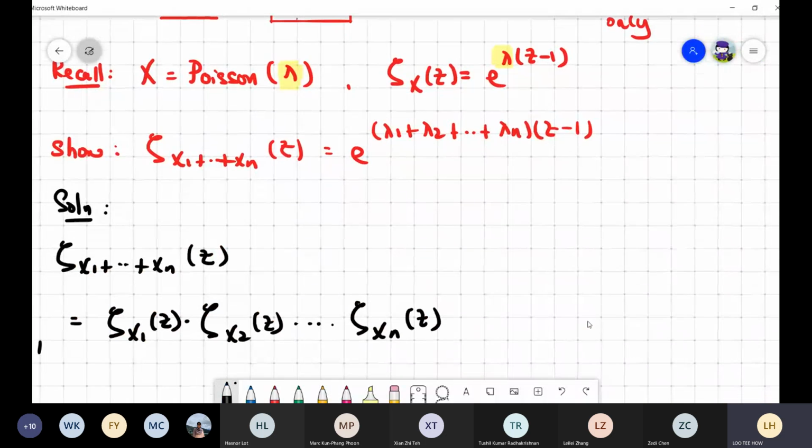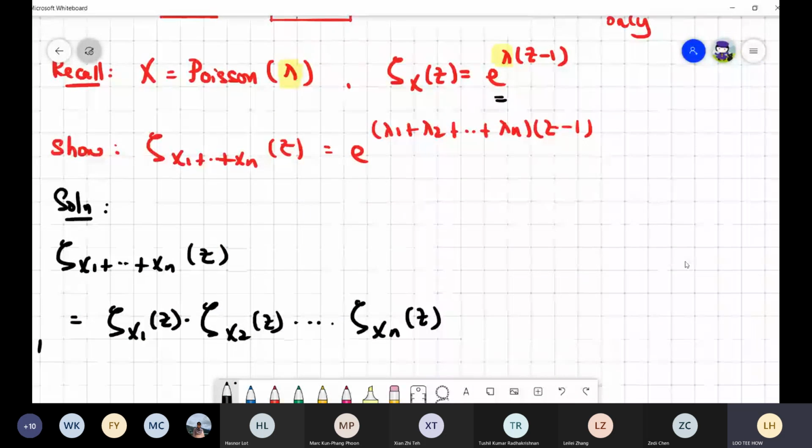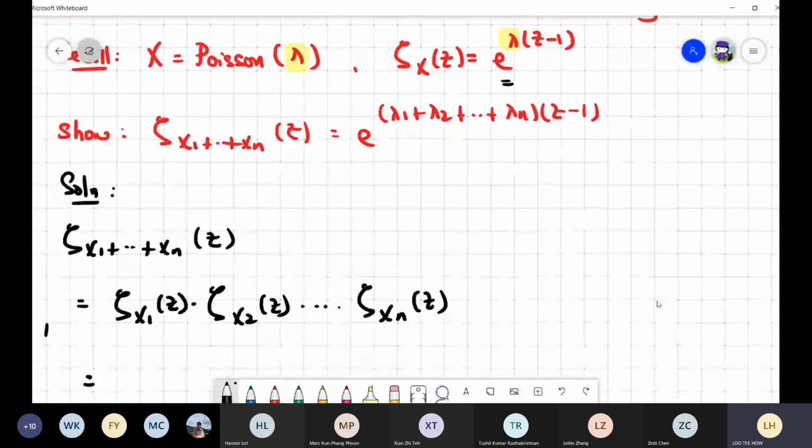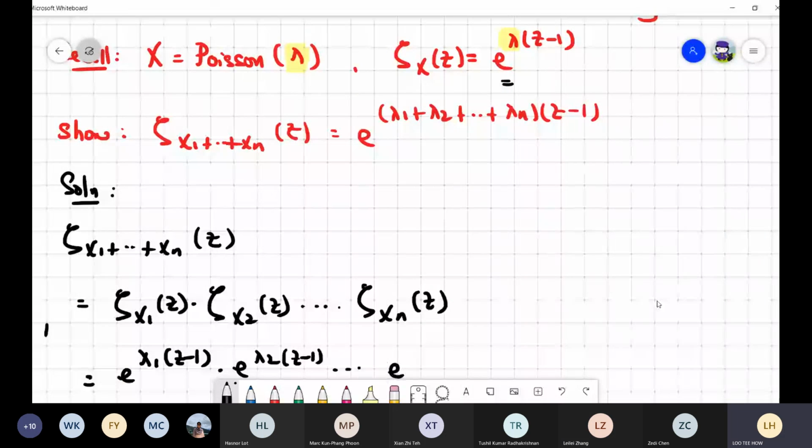Next we apply this formula here, and it turns out to be, for x1, lambda 1, so we have e to the lambda 1 times z minus 1, multiplied by e to the lambda 2 times z minus 1, and so on.